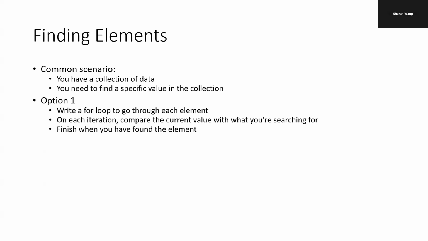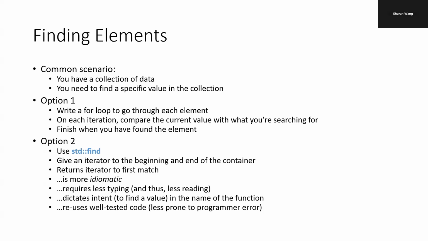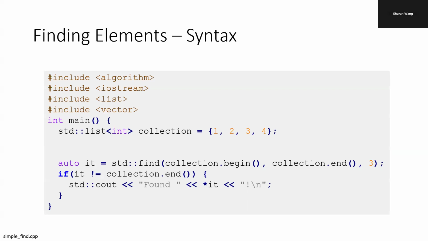But there is another option defined in the algorithms library called std::find that you can use. So yeah, there are more options than you would need to use. We're just showing you all of the options.